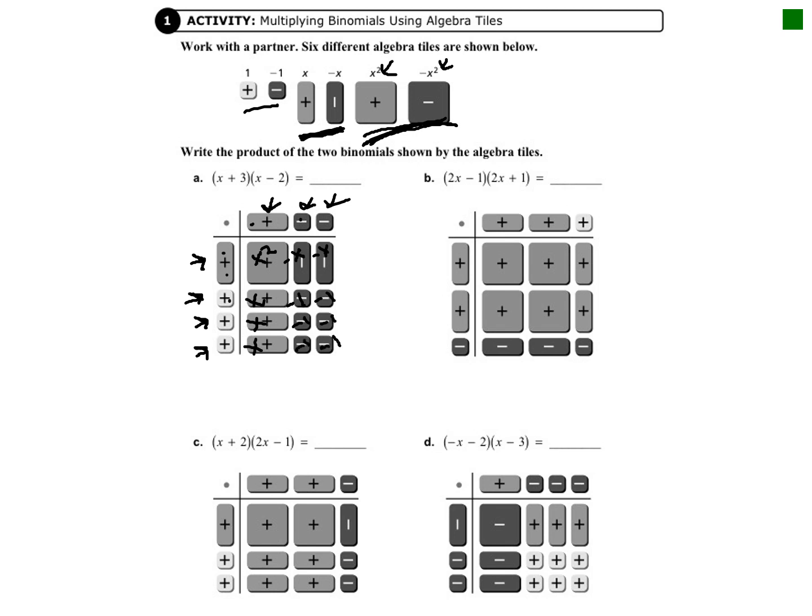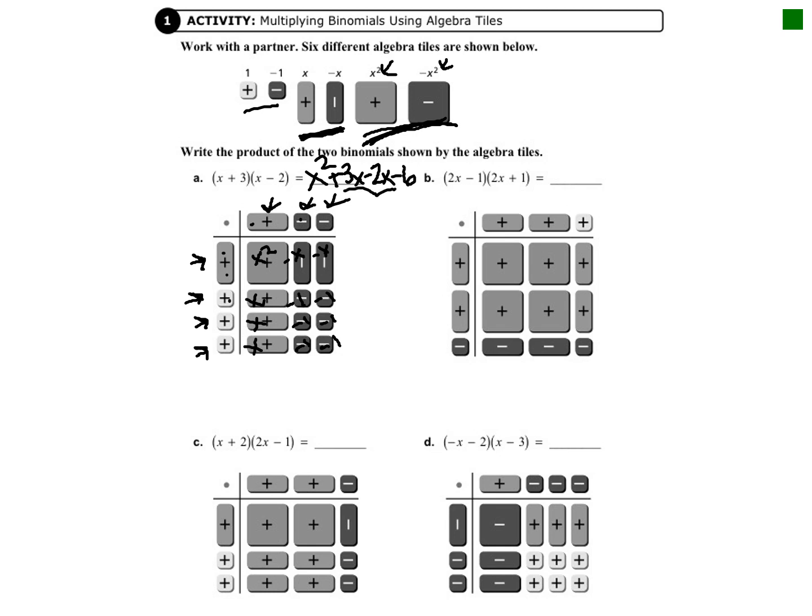What we're going to do essentially is we're just going to add up all the like figures, and then we're going to combine our like figures. So we have 1x squared, and then we have 3 positive x's and 2 negative x's, and we have 1, 2, 3, 4, 5, 6 1s.